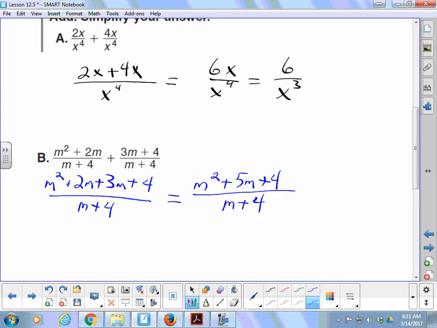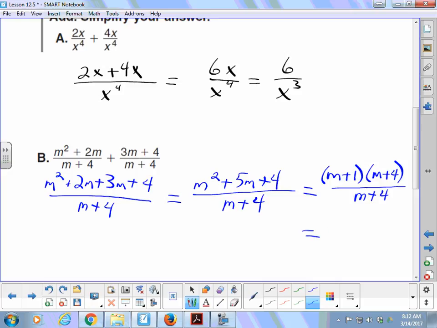Now we have to look at simplifying, so we need to factor the numerator to see if we can simplify this fraction still. The factors of 4 that add up to 5 are 1 and 4, so we've got m plus 1 and m plus 4 in the numerator, with our m plus 4 in the denominator.